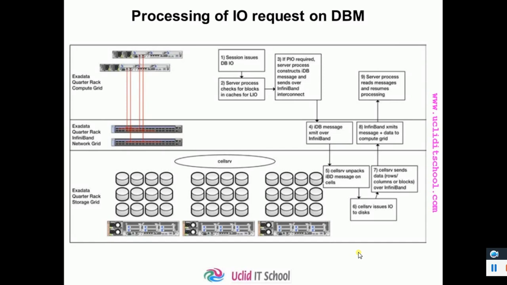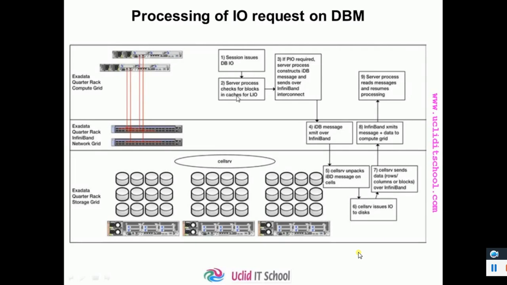Now, let us see how the database IO request is processed on the database machine. A session issues database IO. A session connected to the database server issues an IO request. So as usual, the server process serving that session checks for the matching blocks in the database buffer cache.